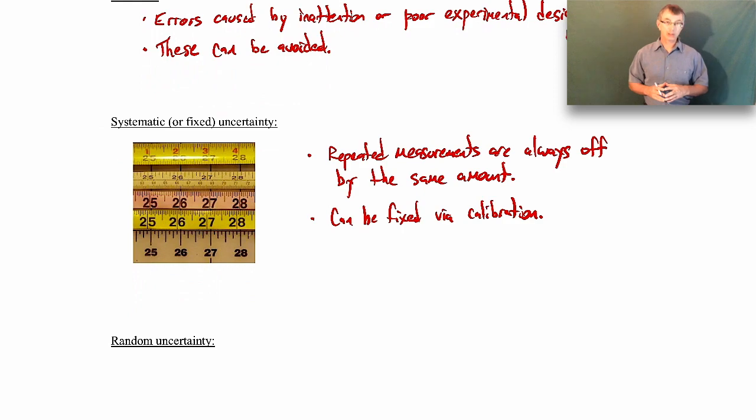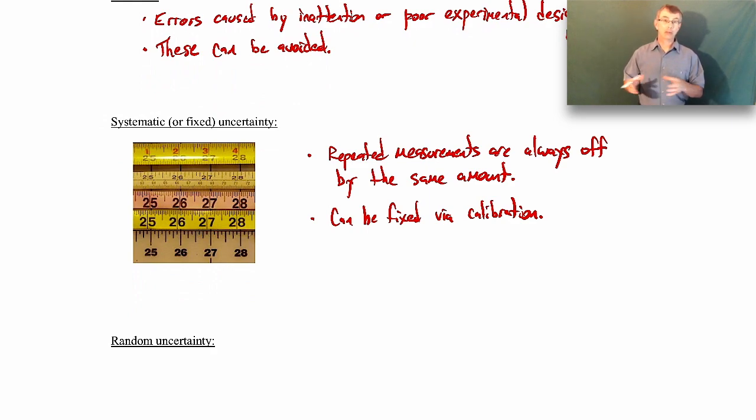Now, systematic errors affect the accuracy of your measurement. What I mean by that, and you've probably heard this before, is the difference between accuracy and precision. Accuracy is just how close you are to the real result. So systematic errors affect the accuracy of your measurement because all of your measurements will be away from the true value because of some offset, right? Precision is how closely grouped repeated measurements will be.